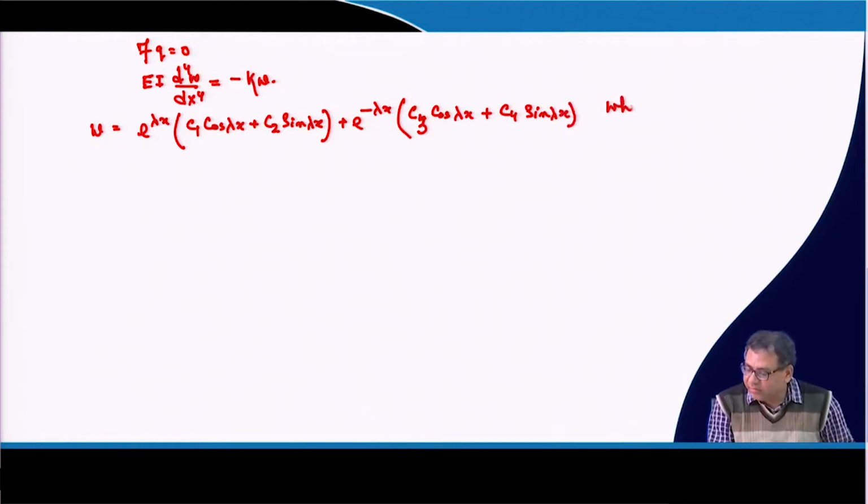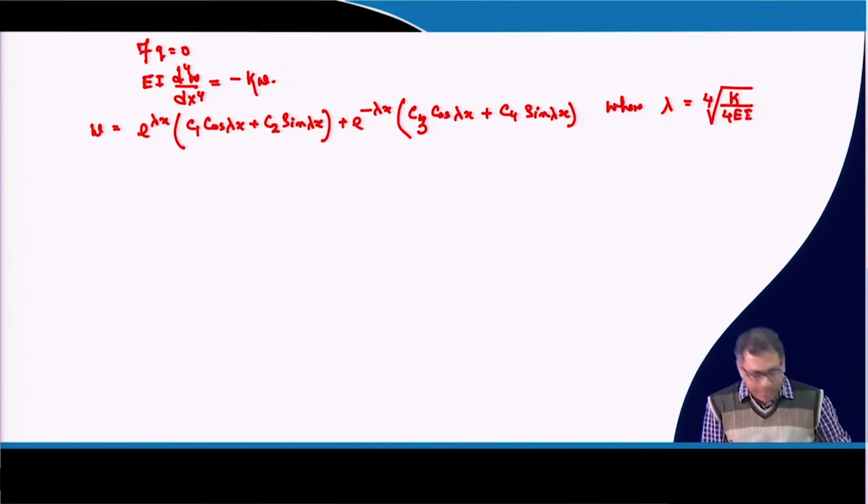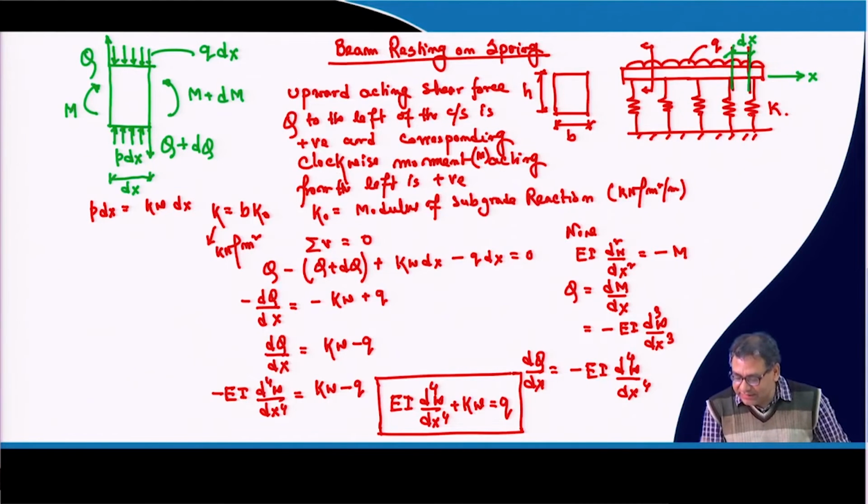Where lambda is equal to the 4th root of k by 4 EI. What is EI? As I mentioned in the previous lecture, EI is the flexural rigidity of the beam.